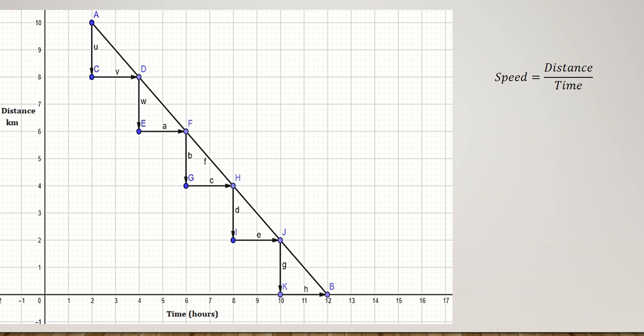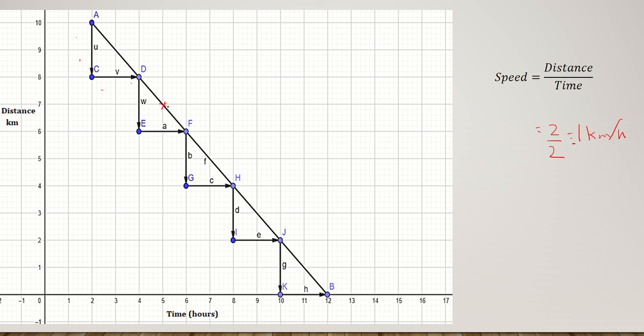When we have the line going down, because again it is a straight line, the speed is constant. At every point the speed will be the same. The rise is 2 steps down and 2 steps right, so it will be 2 upon 2. We can call it 1 km per hour, but this is minus 1 km per hour.